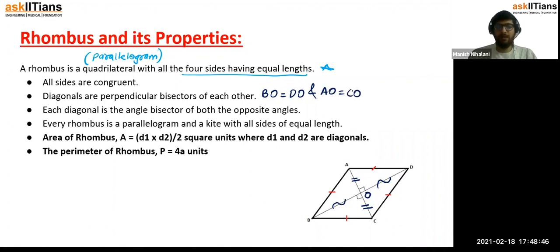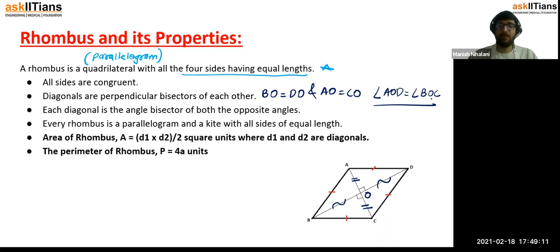Also, the diagonals meet at right angles, which means angle AOD is equal to angle BOC, because they bisect each other at 90 degrees. Third, each diagonal is the angle bisector of both the opposite angles.